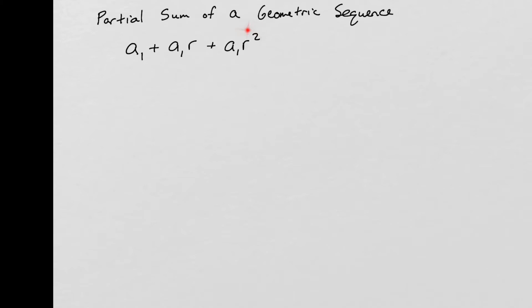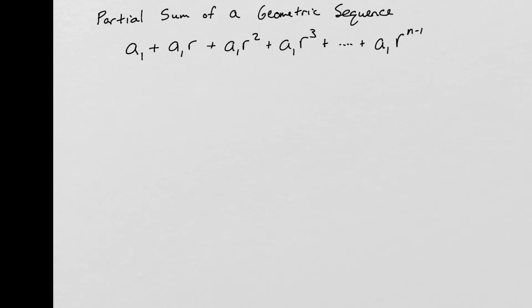And then if I take this term and multiply that by R, it's going to be A1 R cubed, and so on and so forth. And we actually want to go all the way up to A1 times R to the n minus 1.